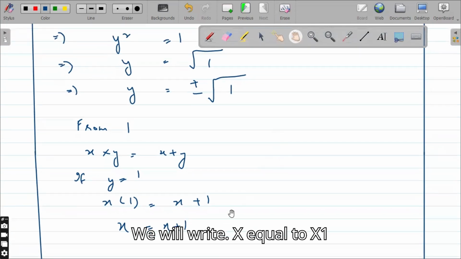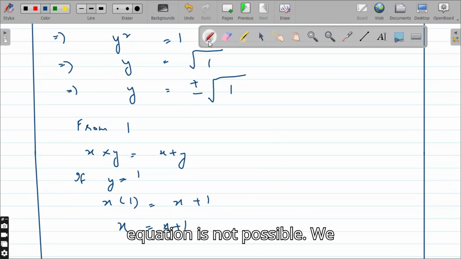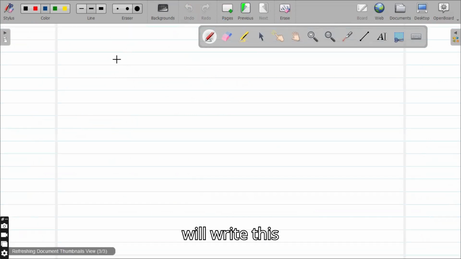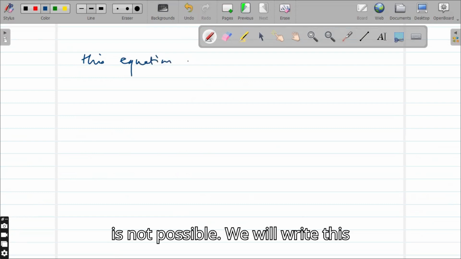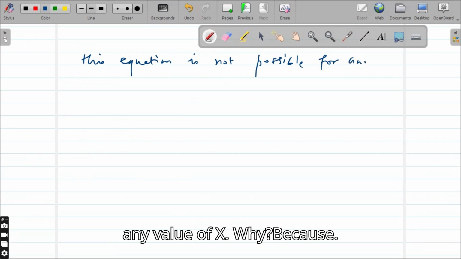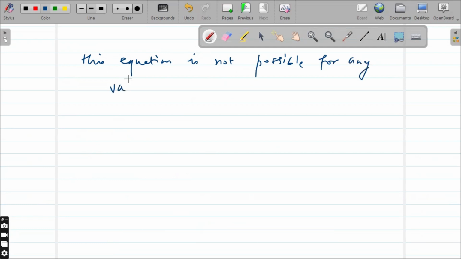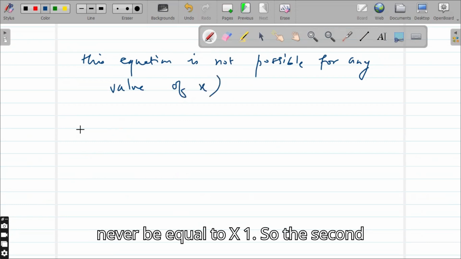We will write that this equation is not possible for any value of x, because x can never be equal to x plus 1.